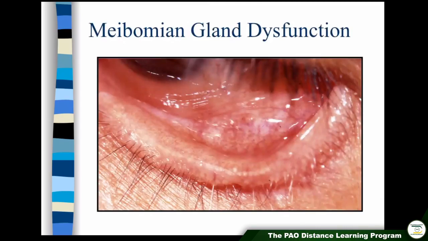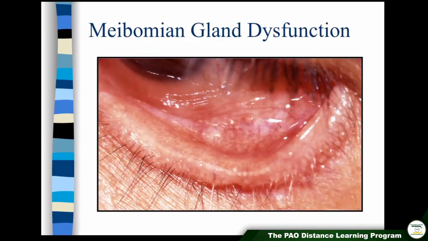MGD is quite common, but not every patient with MGD will be symptomatic. The most common patients with MGD will be the elderly, 40, 50, 60 and above. And the complaint is very similar to those of dry eye disease. In pure MGD, unless it's a mixed type, the lashes are quite normal.